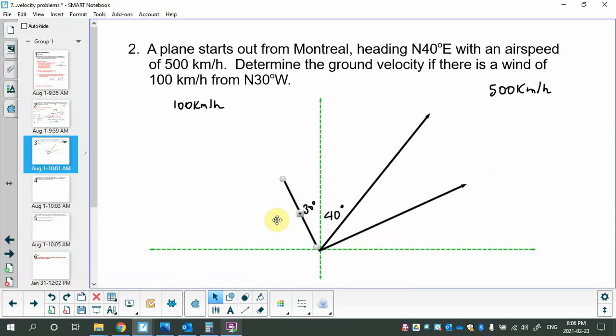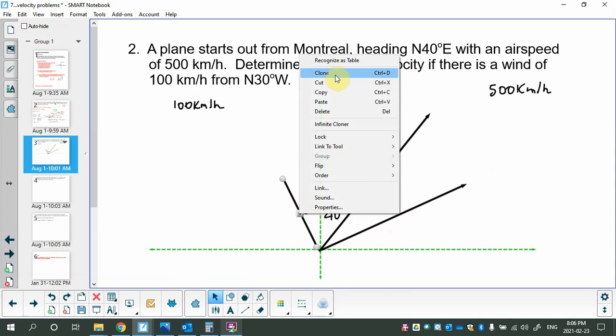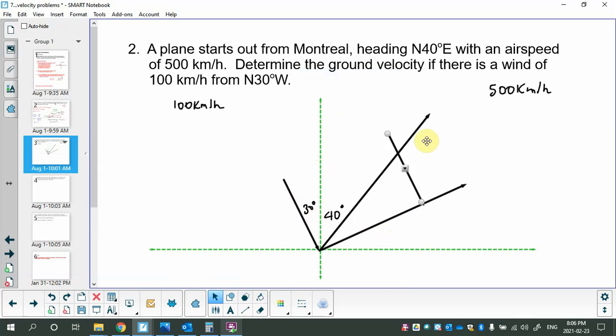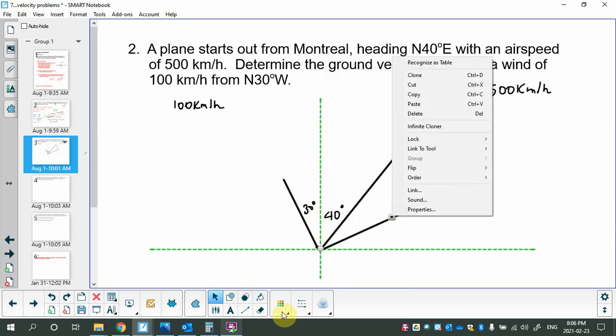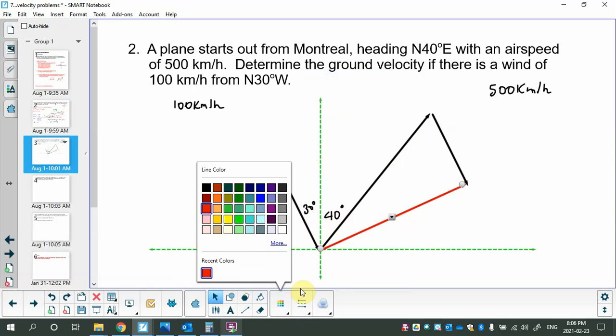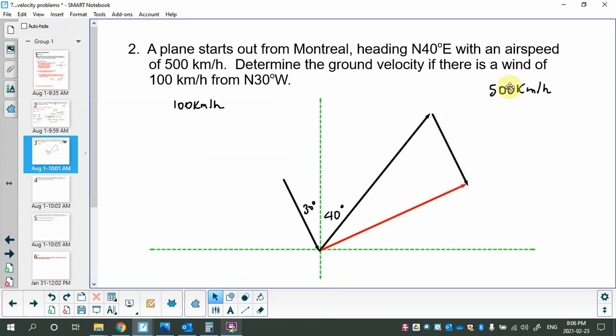So I'm going to take this one, leave it where it is, clone it, and move it up here so that airspeed plus wind speed equals ground speed. I am going to turn this into a red line so you can see that it's the resultant. I'm going to pull my 500 kilometers an hour there. I'm going to put my 100 kilometers an hour there, preferably here because now I have a triangle.